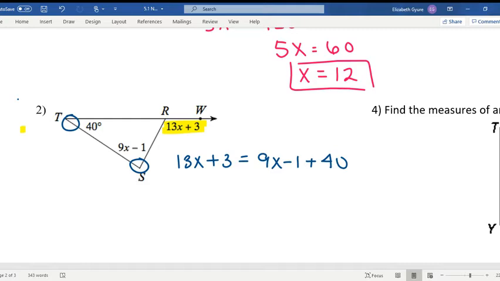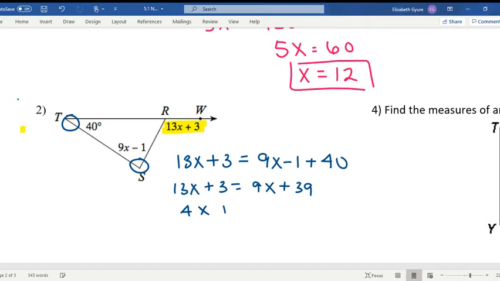I would probably combine like terms first and do 13x plus 3 equals 9x plus 39. What do you think I should do from here? Any suggestions? Doesn't do you guys any good if I just do all your algebra. Sure, let's subtract that 9x over.